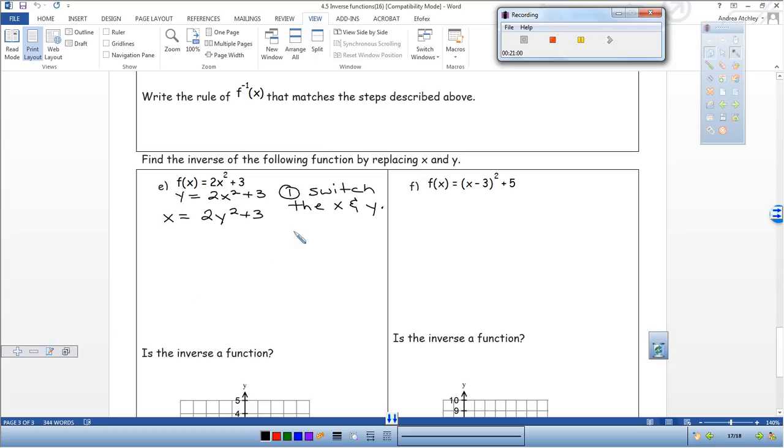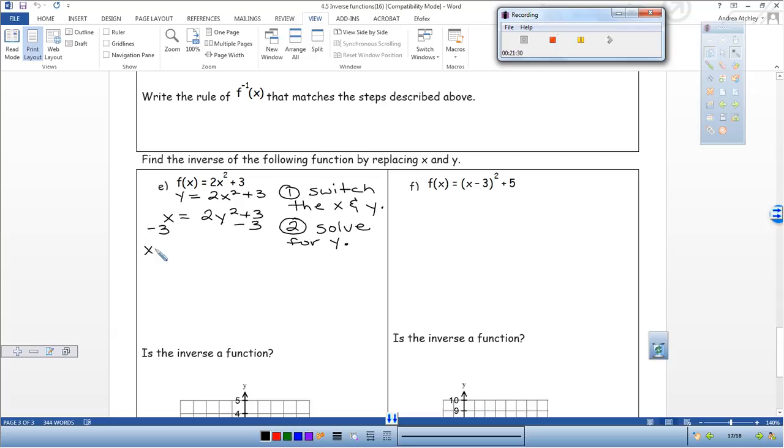Okay. Now the second step to finding the inverse is to solve for y now. So by solving for y, we're going to do the opposite operations. So that will help us find the equation. So here to get that y by itself, I'm going to subtract 3 from both sides.